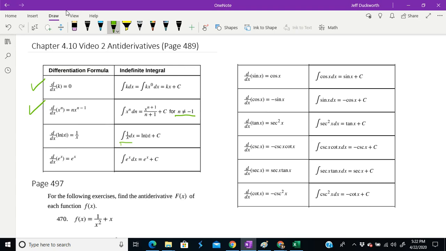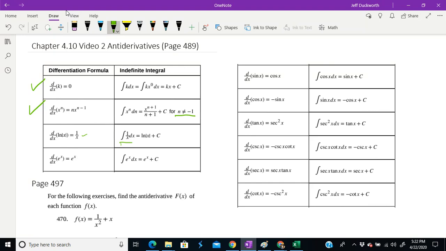And the reason for that is because x can't be 0 either, for obvious reasons here. It would be undefined. That'd be a problem.